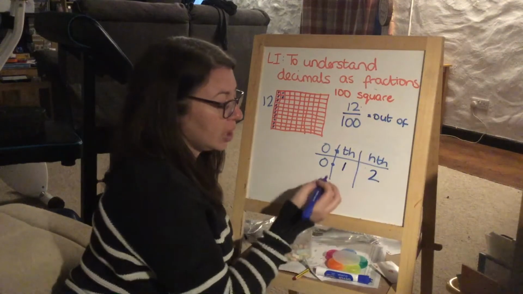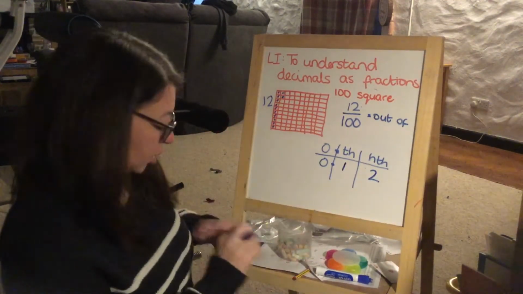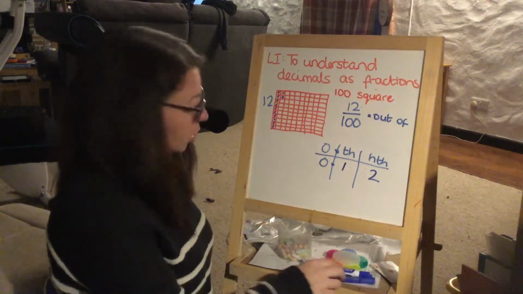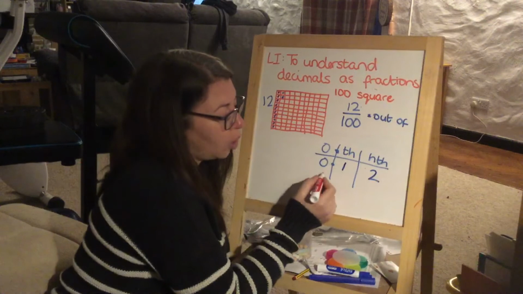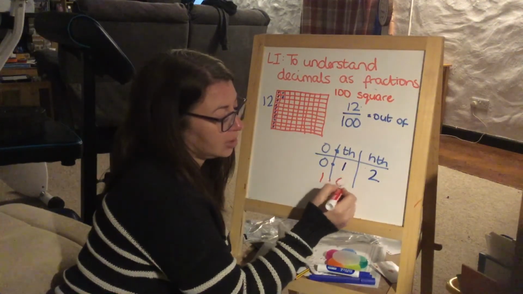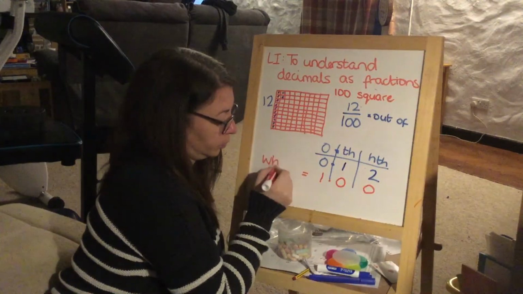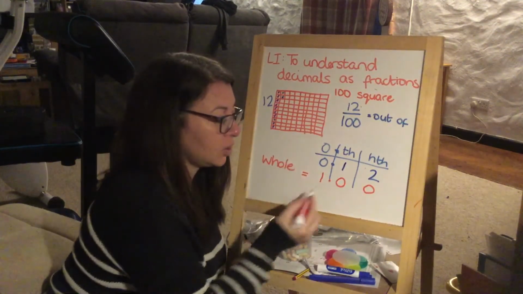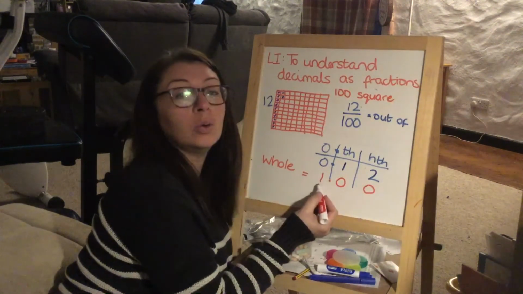Okay, so this, thinking about our decimals, if I change colour, 1 equals a whole. Okay, so as soon as you have 1 in the ones column, that is a whole.